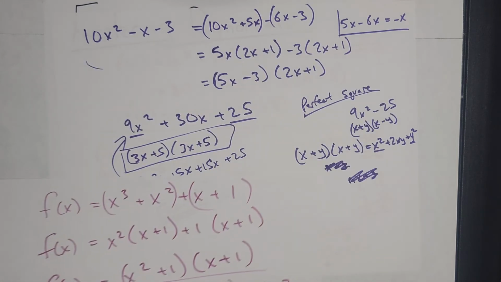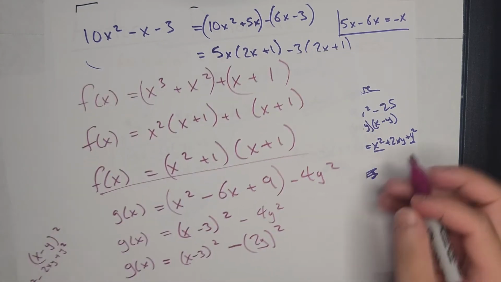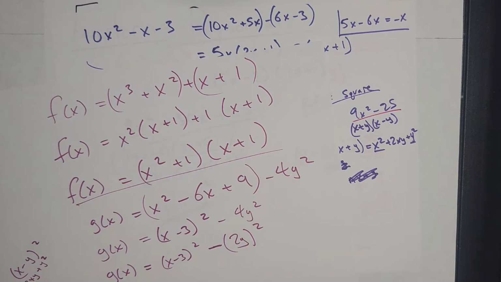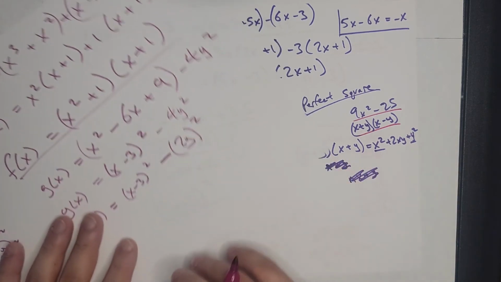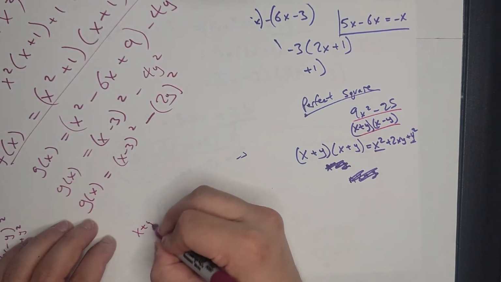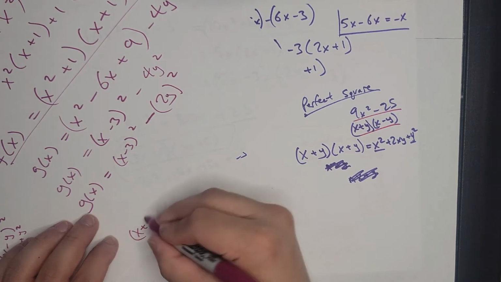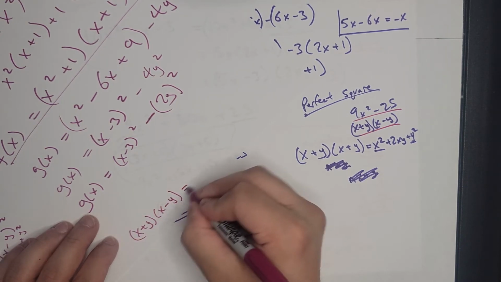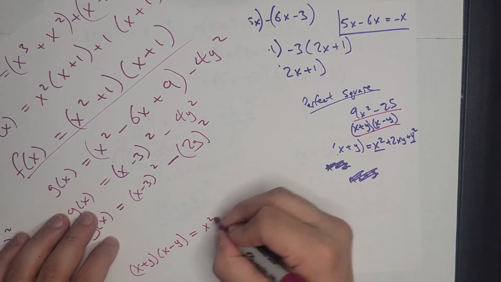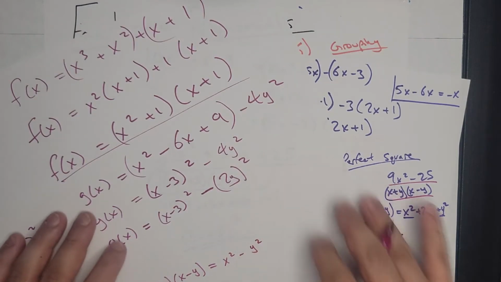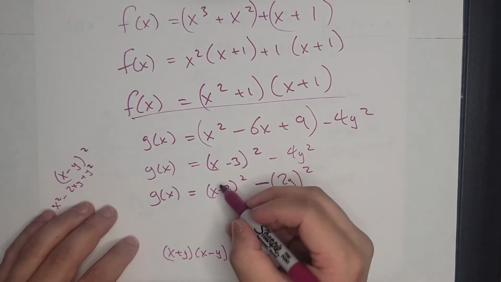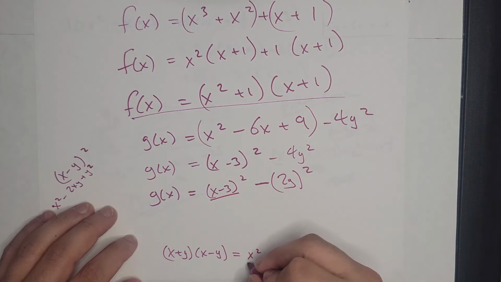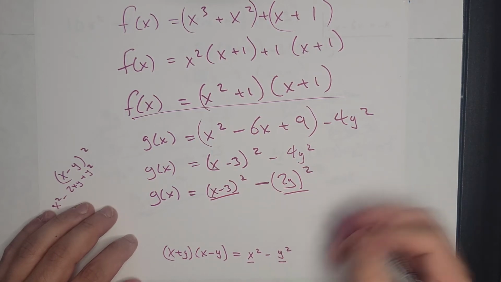It was actually this one. So in this case, this entire term is x, and this entire term is y.